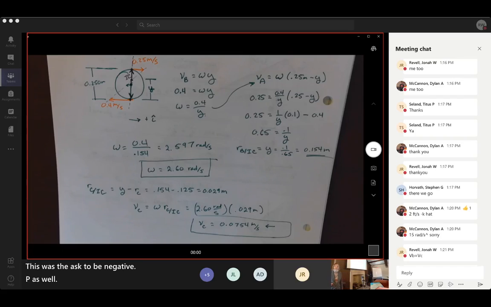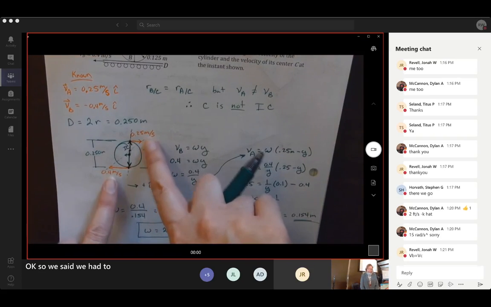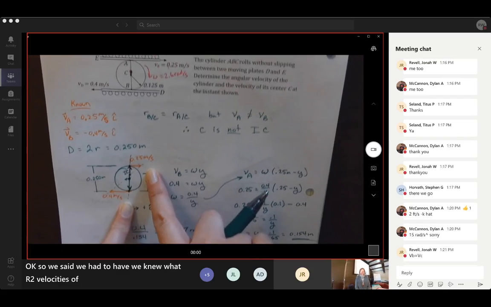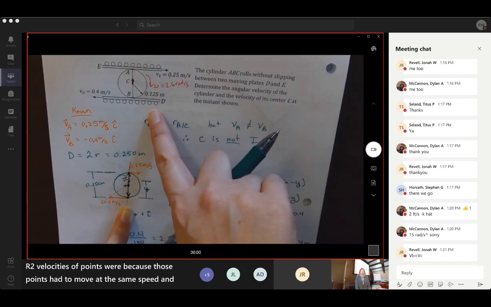Okay, questions on how we did this? Okay, so we said we knew what our two velocities of points were because those points had to move at the same speed and in the same direction as our plates.